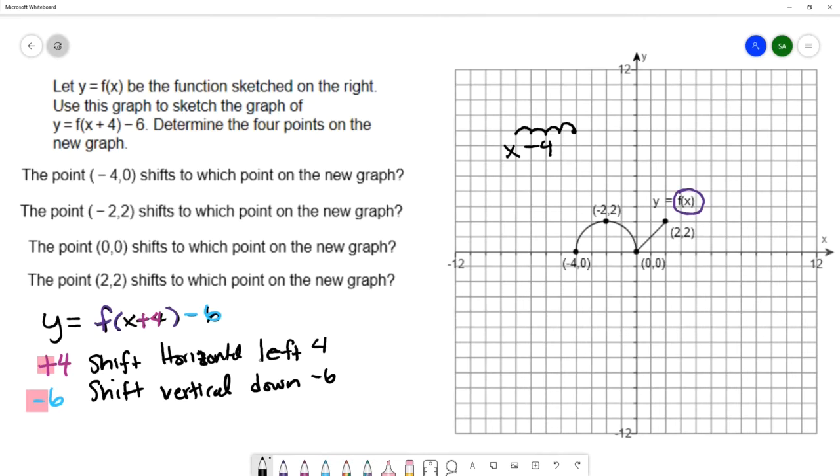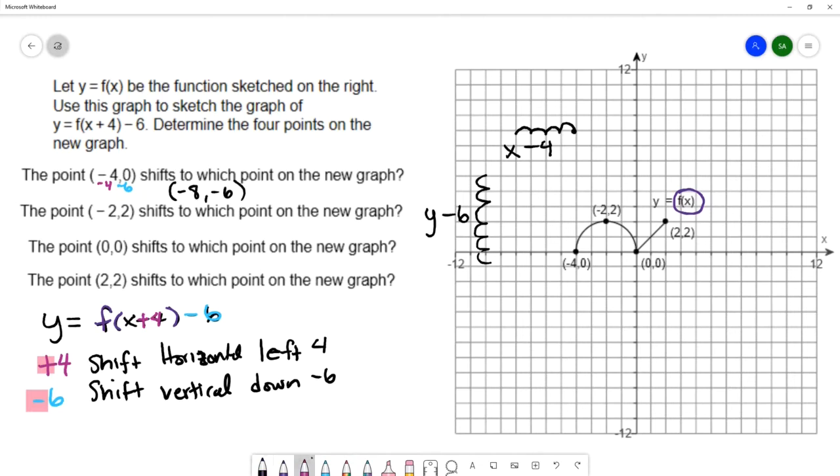And if I move down 6, that is subtracting 6 from whatever the y coordinate is. So on every one of these ordered pairs, I'm going to subtract 4 from the x and subtract 6 from the y to get to my new point on the graph, which is -8, -6 for that first one.